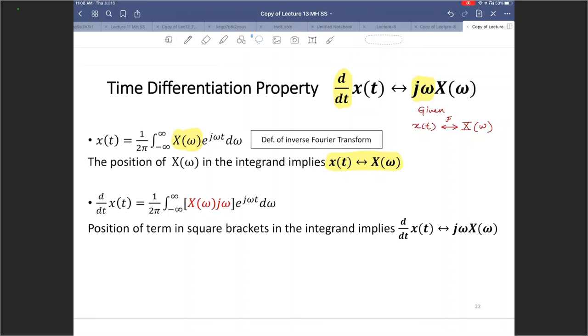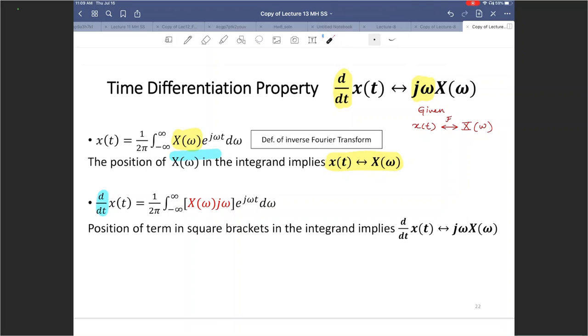So when you differentiate both sides with respect to time, you differentiate that e to the j omega t term with respect to time. What do you have? You will have an additional j omega. And the position of this, highlighted in red, will indicate that that is the Fourier transform of the derivative signal.